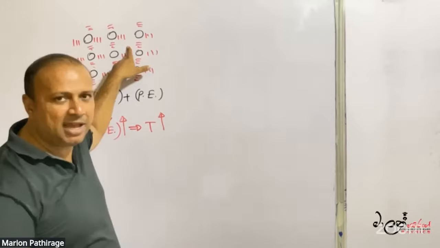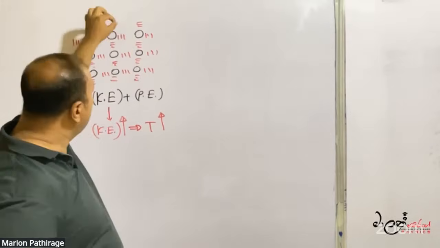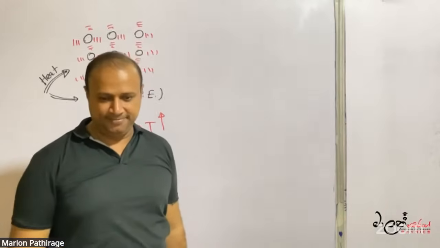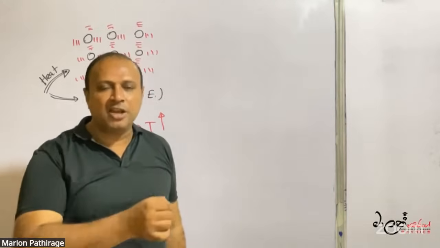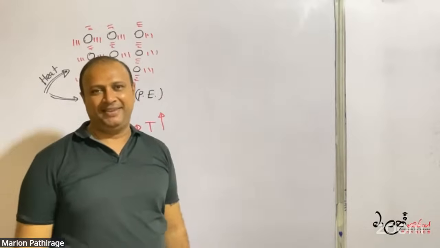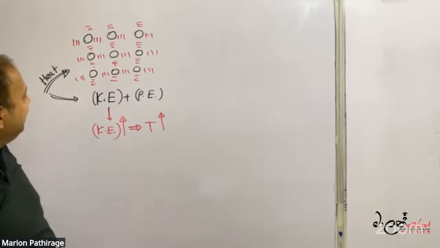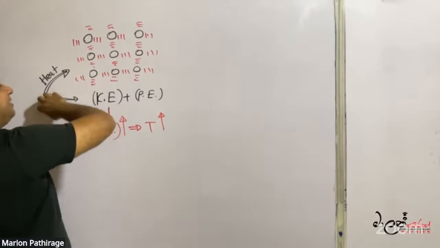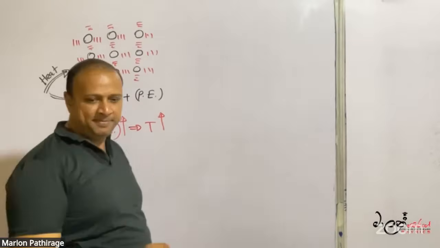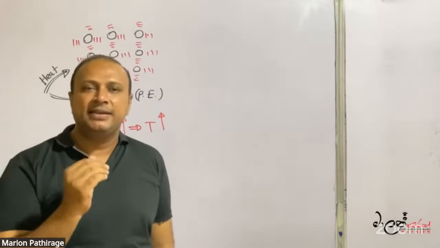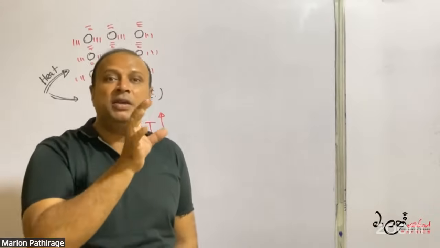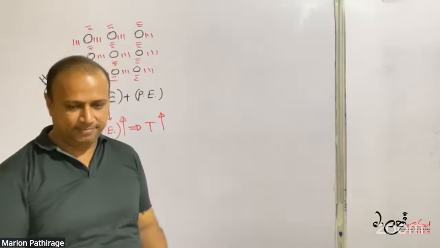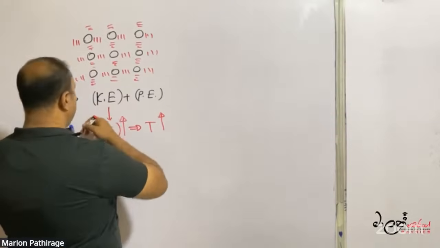As a result, those intermolecular bonds start to break, Puti. And then what will happen? At that moment, this supplied heat will be totally utilized to break those bonds, Puti.